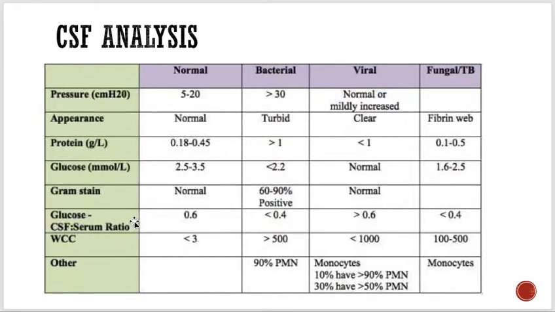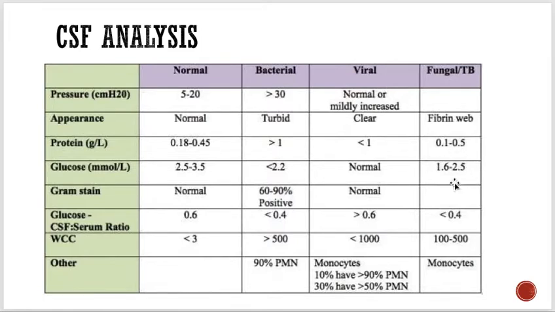One more thing that is important: we know that when the serum glucose level is increased, this value will be increased as well, for example in diabetes. Now, whenever the glucose is low, for example you can see this one, the glucose level is decreased.